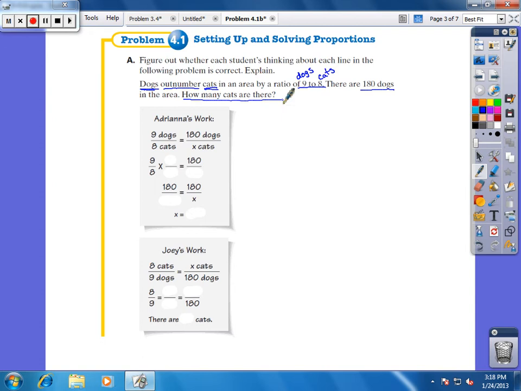Adriana chose this proportion to start with, 9 dogs to 8 cats equals 180 dogs to X cats. The way that she chose to solve it was to find a number that would multiply 9 to get to 180. What number can 9 multiply by to equal 180?